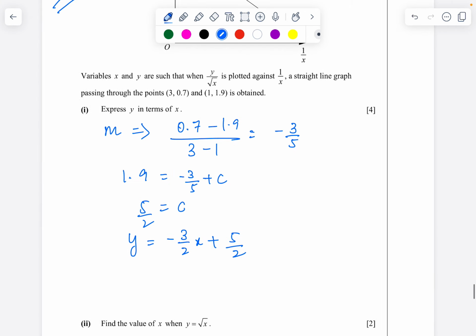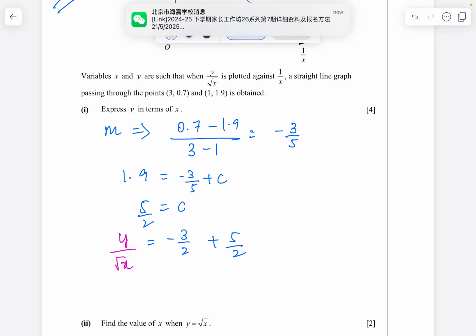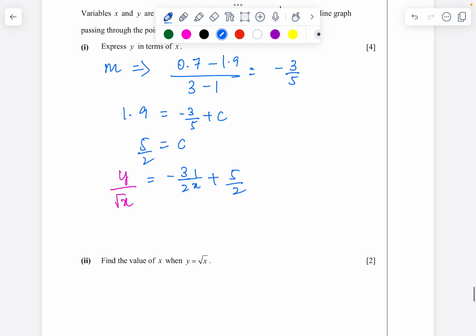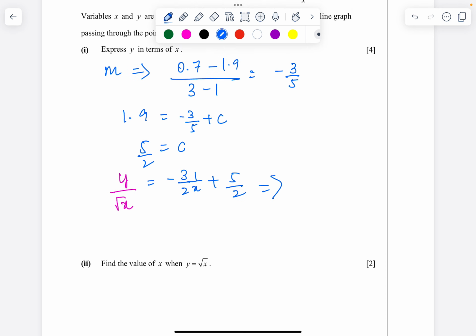But according to the question, what is y? Y is y over square root of x, so I will write here y over square root of x. And what is x? X is 1 by x. Now this is the equation of the line: y over square root of x equals negative 3 over 5 times 1 over x plus 5 over 2.